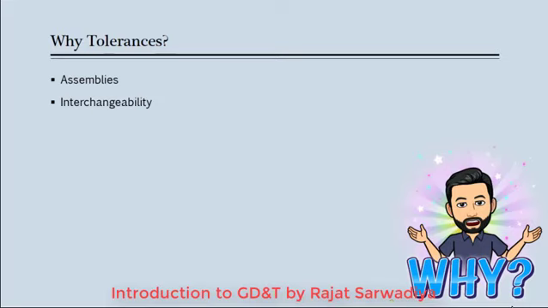What we want is that the part should be interchangeable. Let's say if a particular part is not getting fitted, then I'll try another part and it should fit. So for interchangeability as well, we need to keep that range.